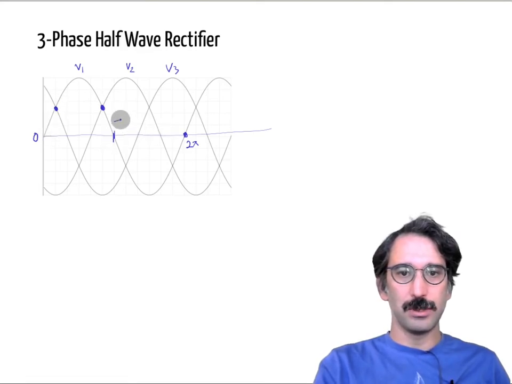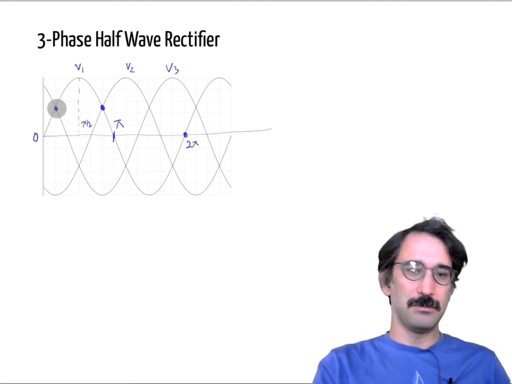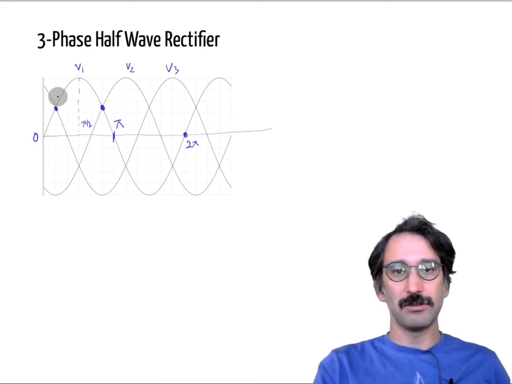If this is 2π, that is π, and here you can see this is 90 degrees, π over 2. You can say, is it 30 degrees, is it 45 degrees, or is it 60 degrees? So let me write it here. A quick quiz question.